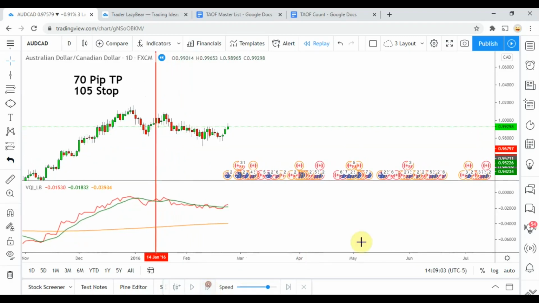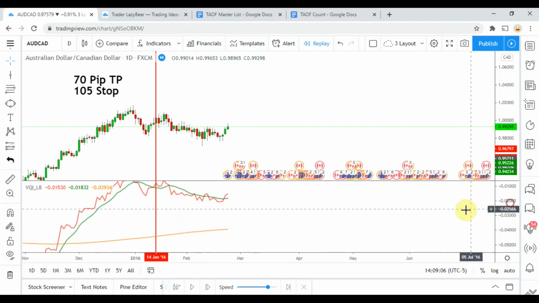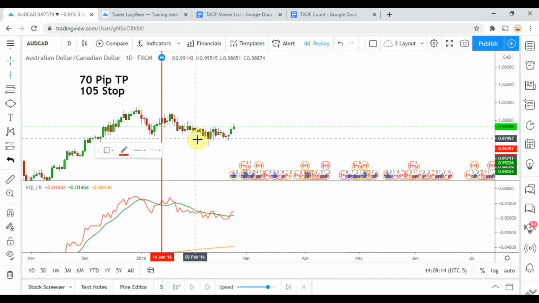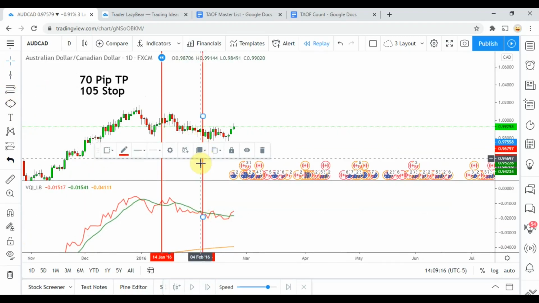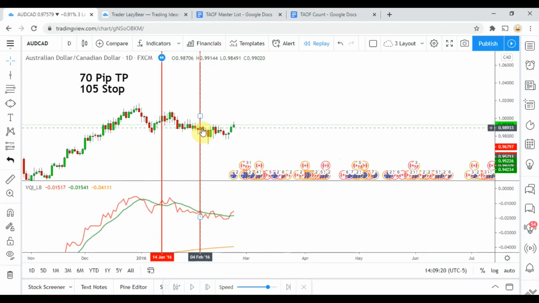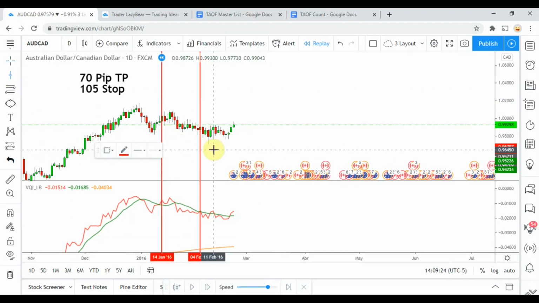We are again waiting for the red line to cross back up above the green, which it does here for just a moment, right there on that one, and unfortunately again goes against us and stops us out.